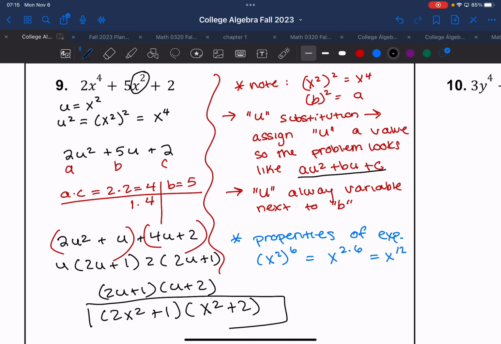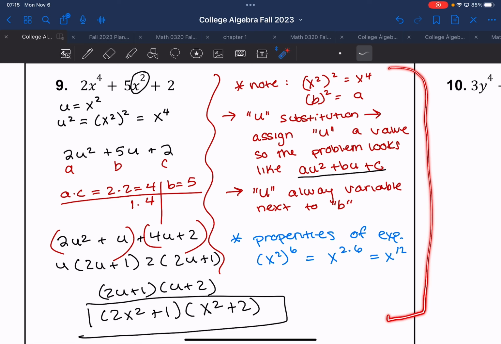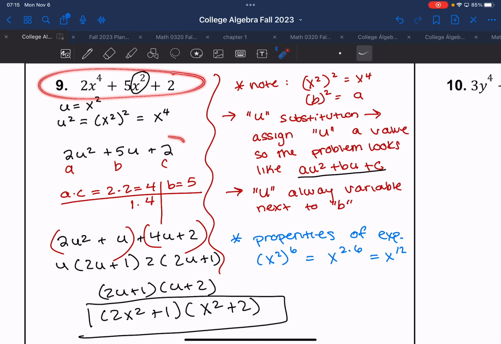This is our answer because we have to plug our values for u back in to get our answer. Okay, so this is all the work on this side. The right side was just the notes. So again, on the test, you could jump from here to here, and then I would see this work.